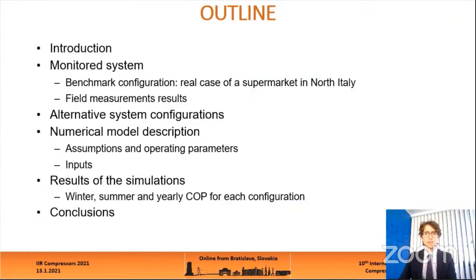I will later describe the monitor system and the alternative configurations that have been considered to improve its performances. A numerical model has been developed and validated with the field data of the monitor system and then used to run seasonal simulations. Finally, I will show the result of these simulations comparing the COPs of the different configurations.